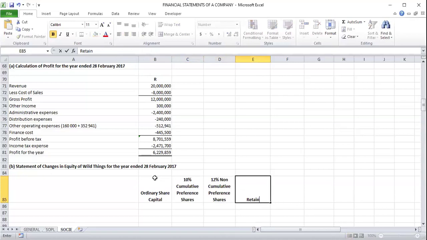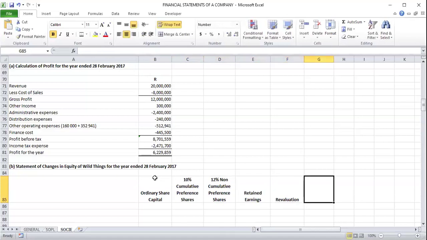Retained earnings. Revaluation. Mark to market. Then our total. In your exam, sometimes they will tell you that the total is not required.